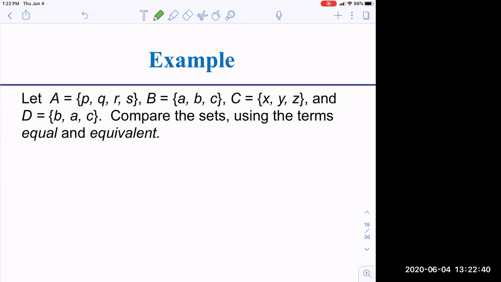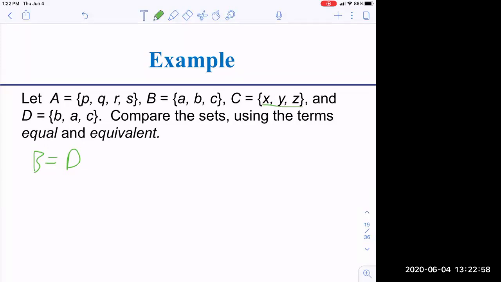Let's look and see if any of these are equal. So I'm looking for the same elements. Looks like B is equal to D. That's the only one. Now let's look for equivalent.